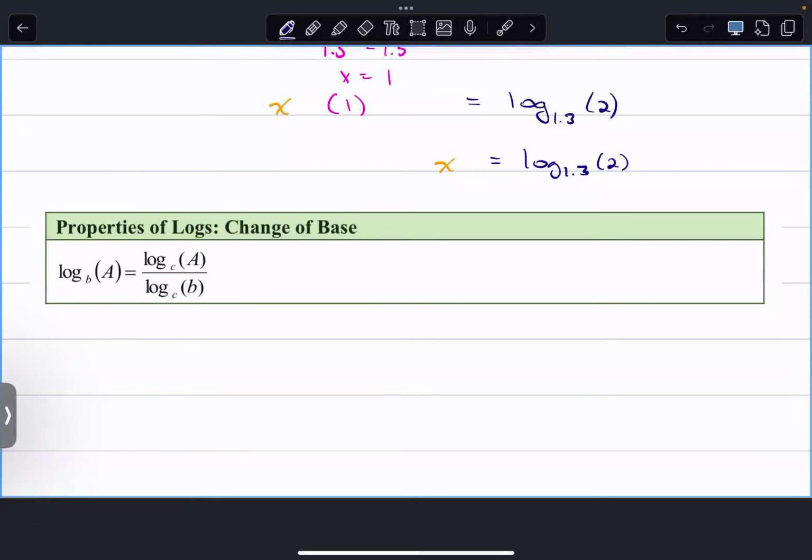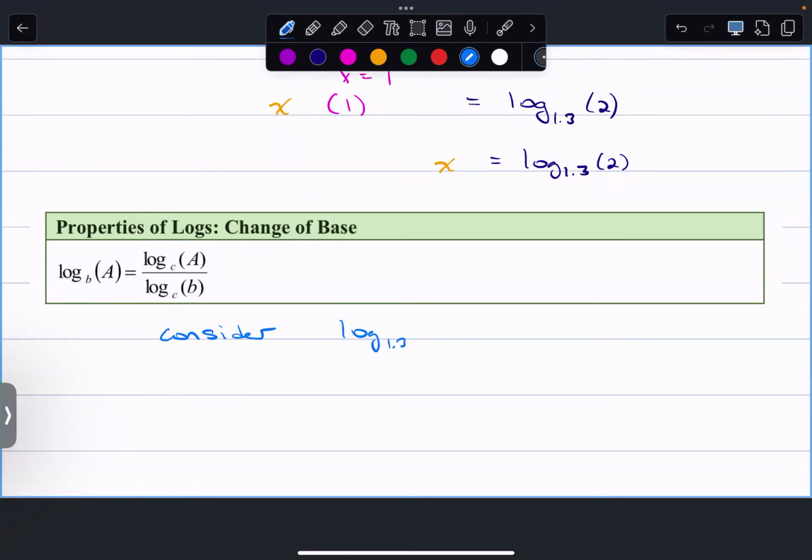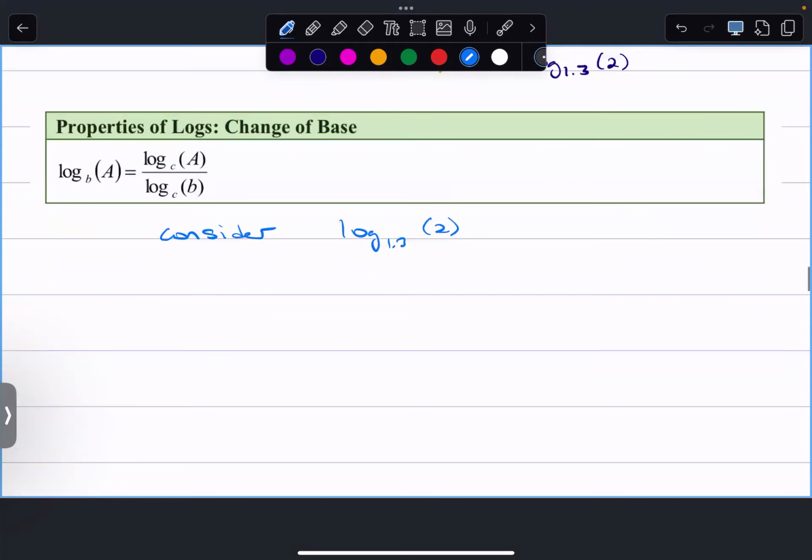So if we consider log base 1.3 of 2, then b is 1.3 and a is 2. If I want to convert it to log base e, which is what I used, instead of log base 1.3, I used log base e.